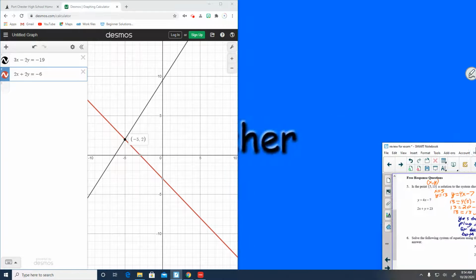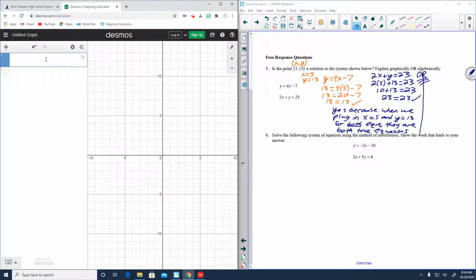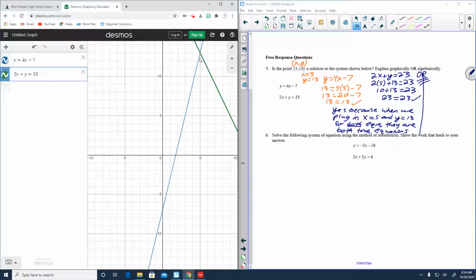So let's see what happens when I graph them. So I have y equals 4x minus 7, and then I have 2x plus y equals 23, and then my graphs intercept at the point 5, 13.